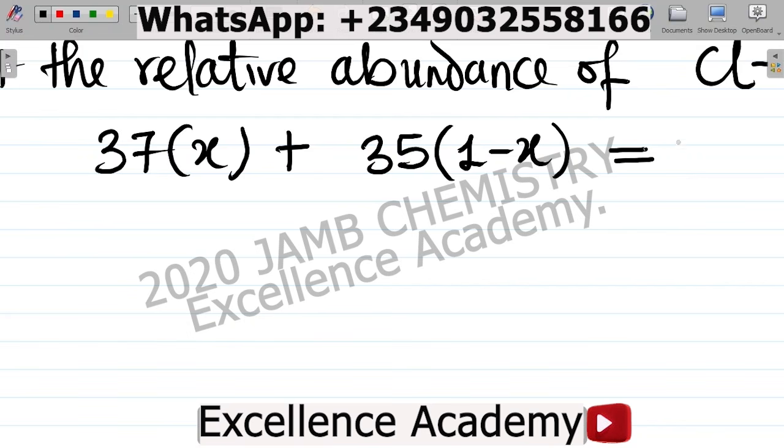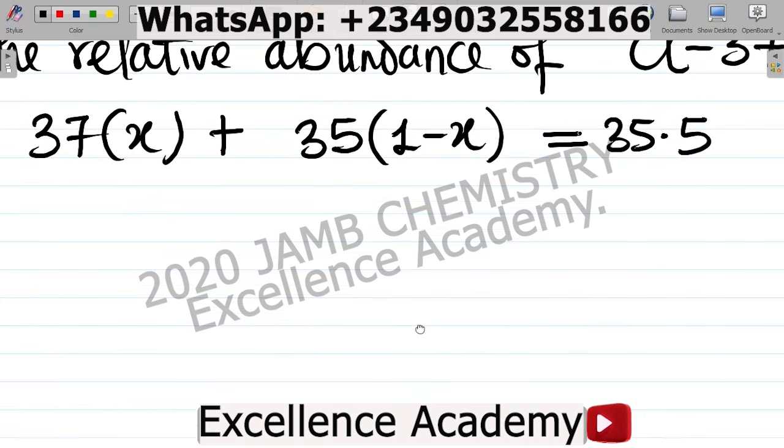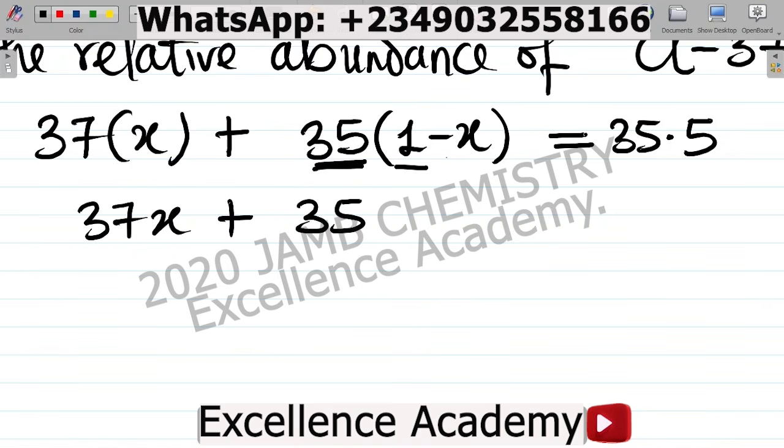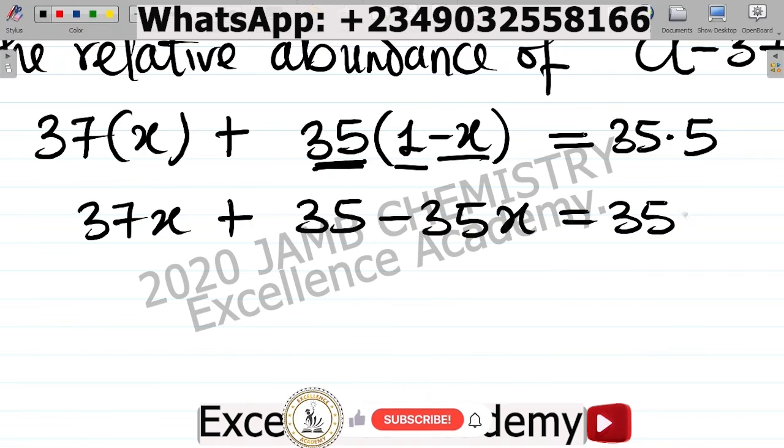So this is equal to 35.5. Let's multiply through. This gives us 37 times x gives us 37x, plus 35 times 1 gives us 35, and 35 times minus x gives us minus 35x, is equal to 35.5.